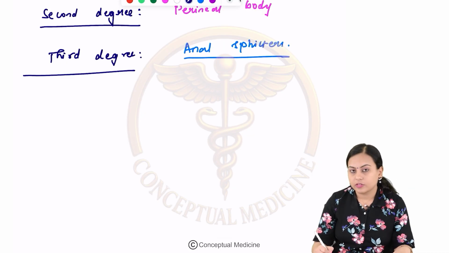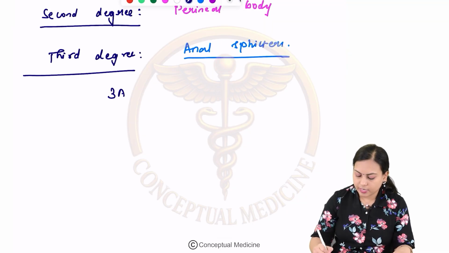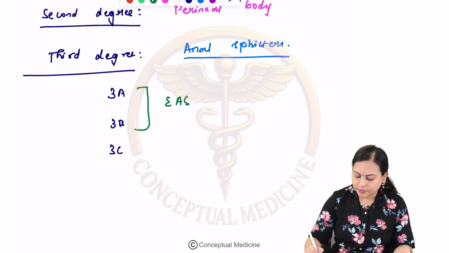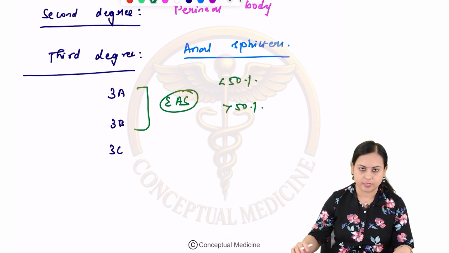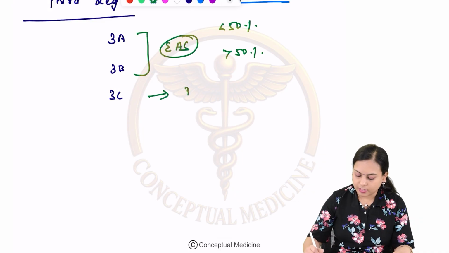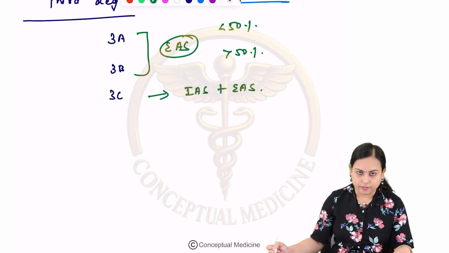Okay. So, third degree is further classified into 3A, 3B and 3C. In 3A and 3B, external anal sphincter involvement is seen. In 3A, it is less than 50%, whereas in 3B, it is more than 50%. Whereas in 3C, both internal anal sphincter and external anal sphincter tears are seen, right?